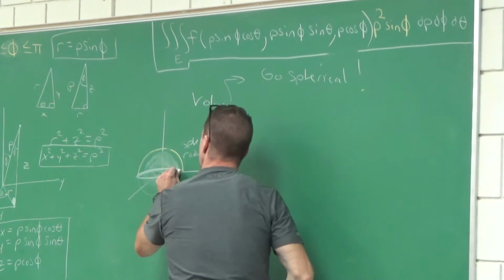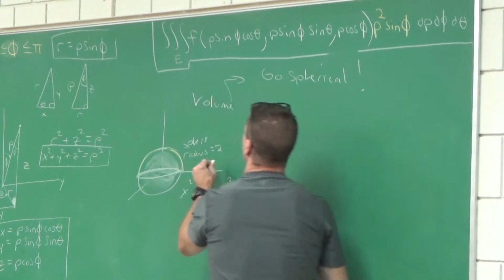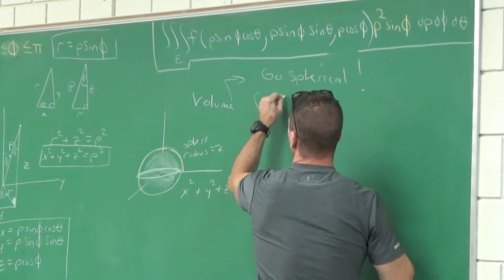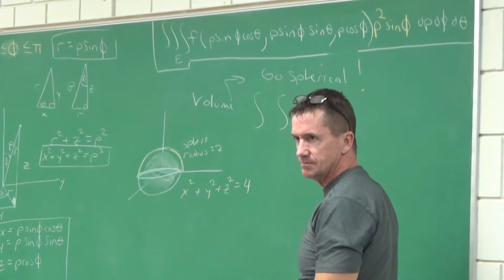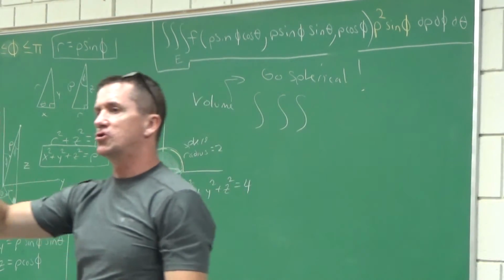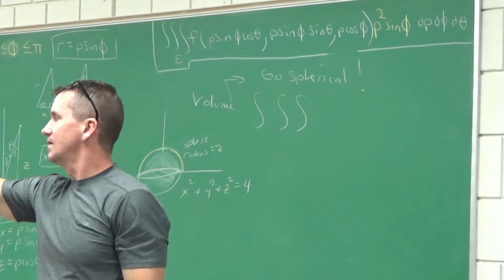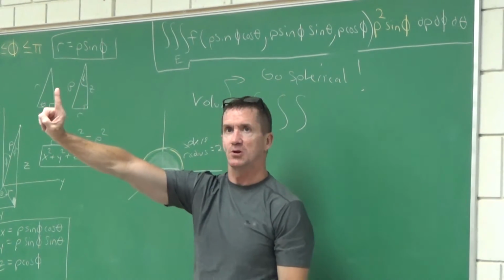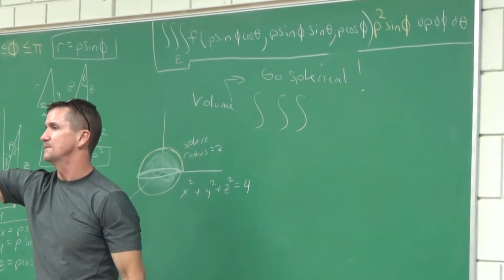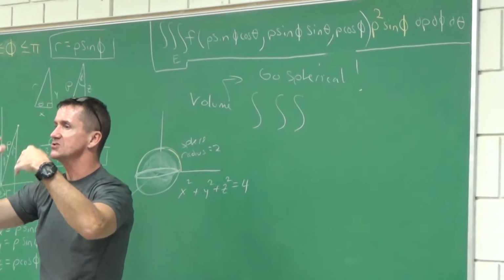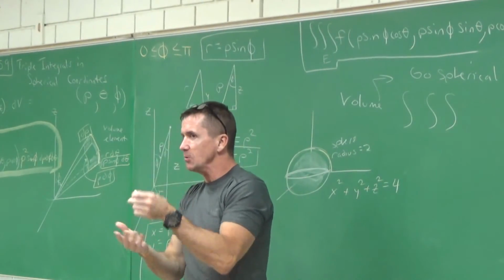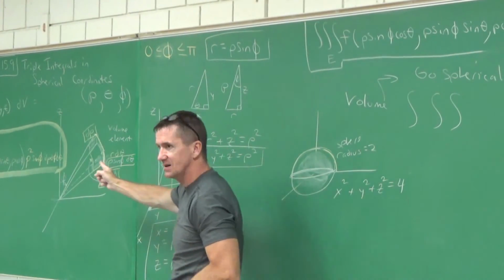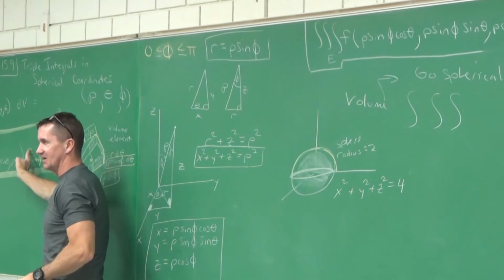Now get the volume of this entire sphere right here. Triple integral of what gives us volume? 1. Everyone got that? Triple integral of 1. But if I'm going spherical, what's automatic? With polar it was an r. What's now automatic? Rho squared sine phi.